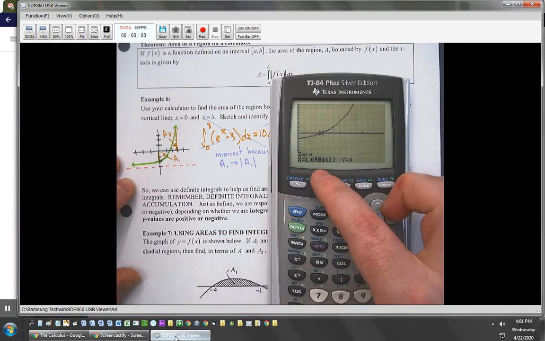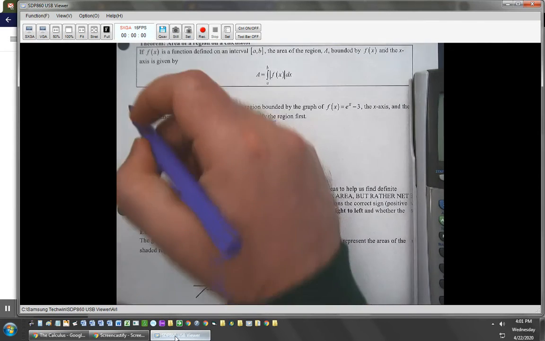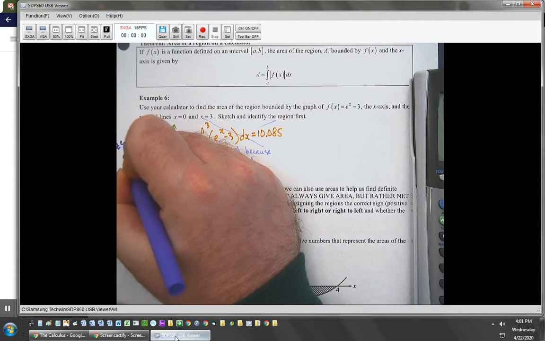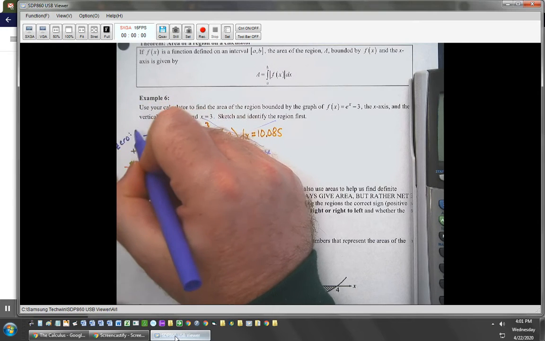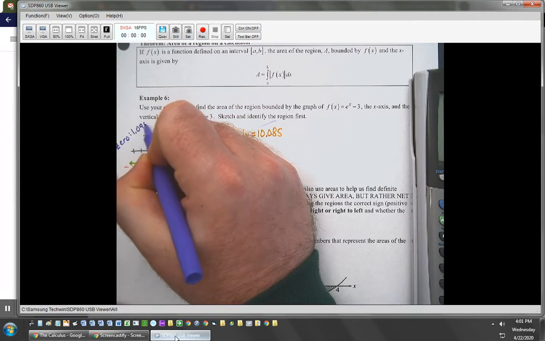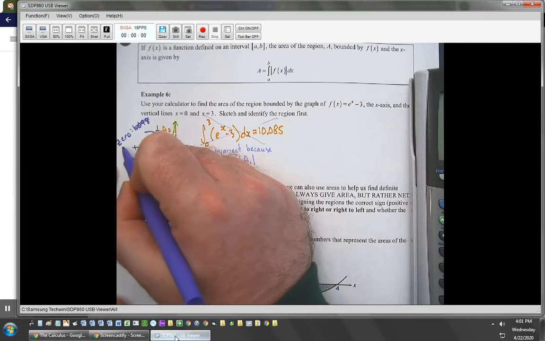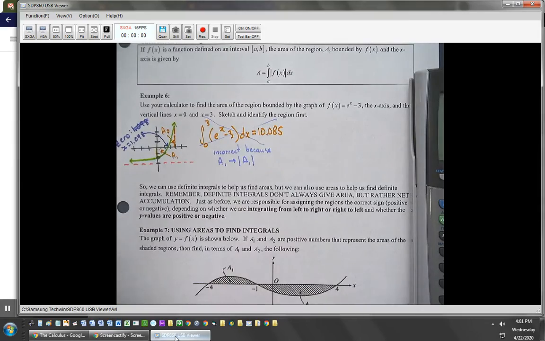You can write this down if you want to. This 0 occurs at x equals 1.098.